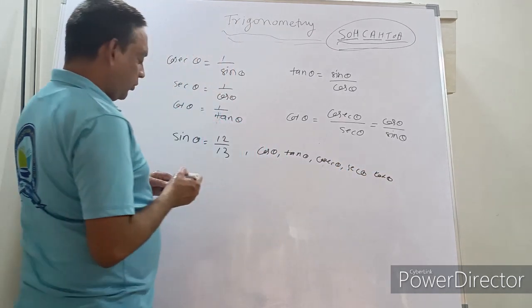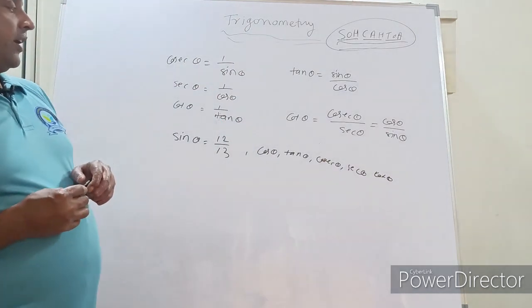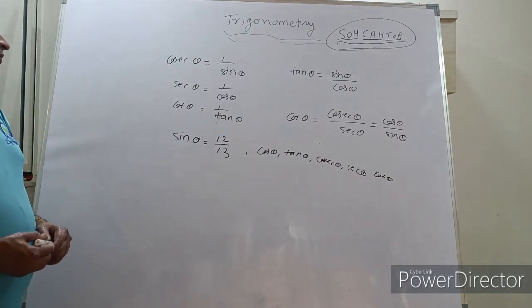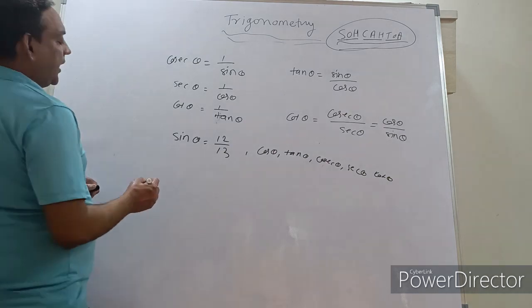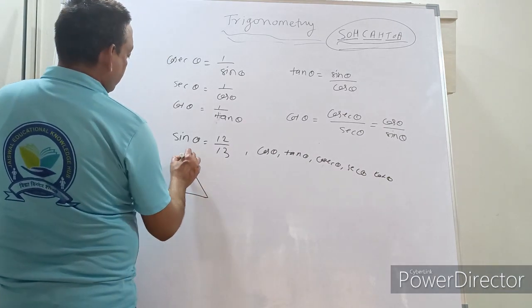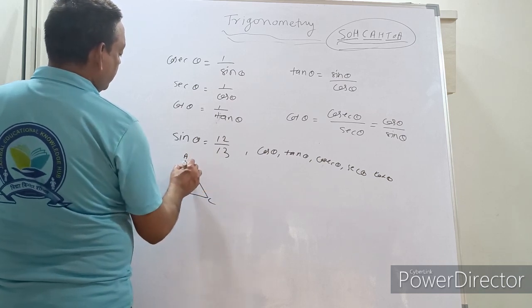So if they give the value of any one of sine, cos, tan, cosec, sec or cot, to find the remaining we'll use the same approach. What we have to do here is make a right angle triangle. Like this is A, B and C. So suppose this is the angle theta here.